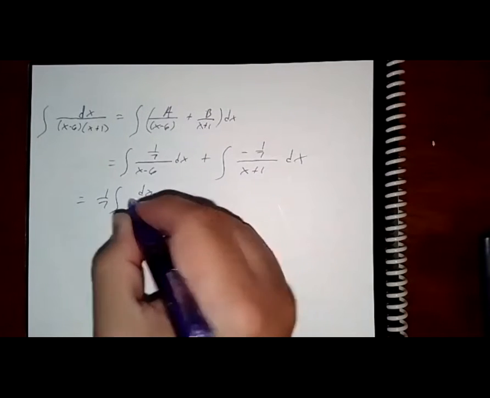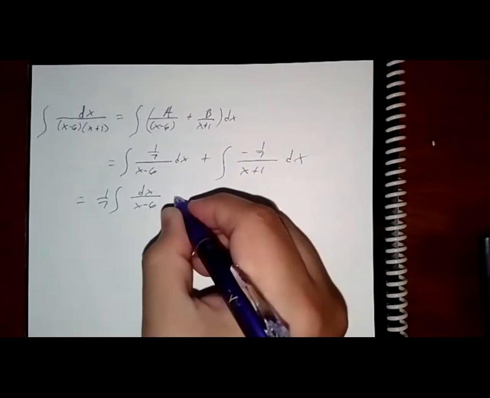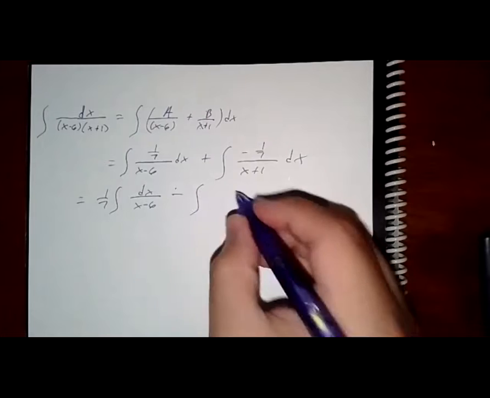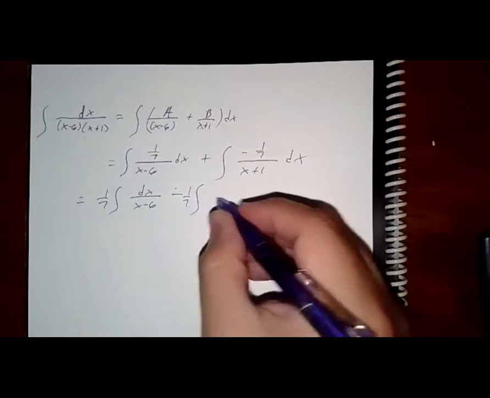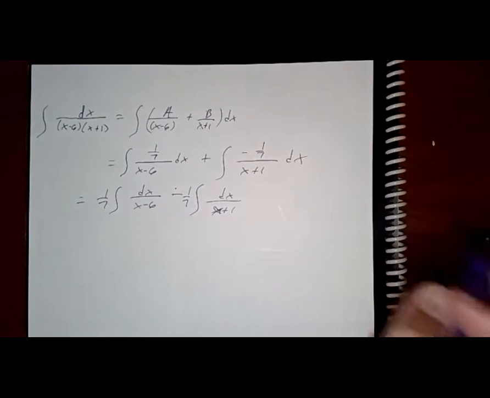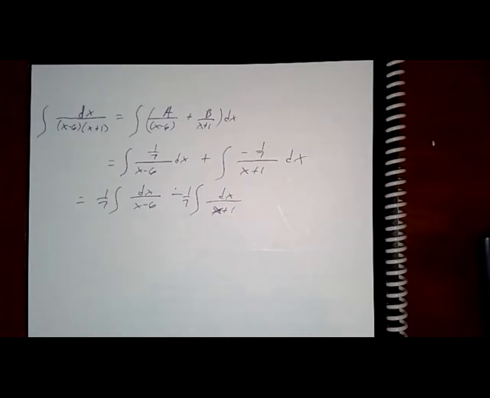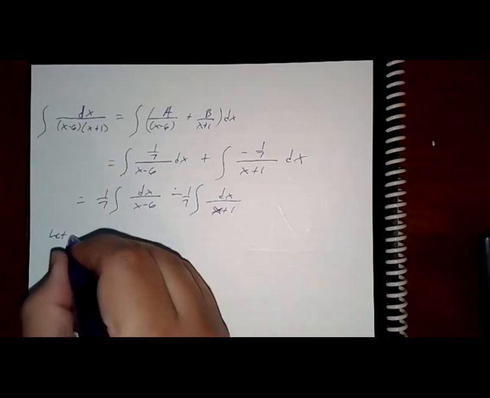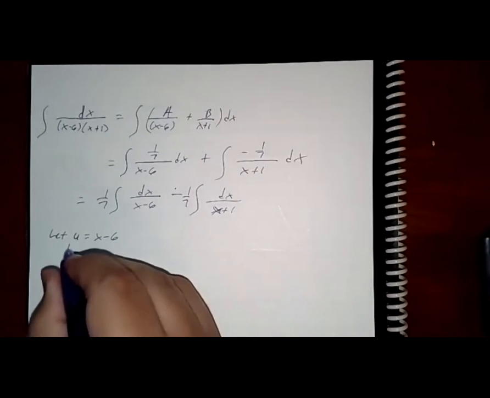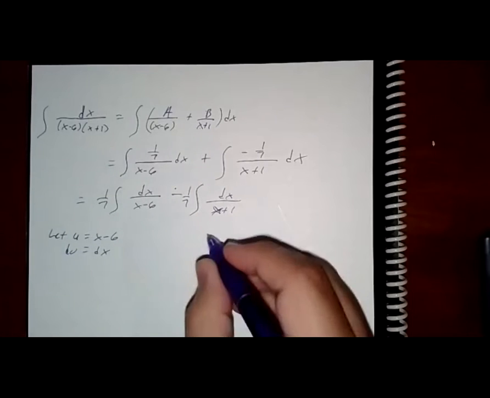That's just dx over x minus 6 minus 1/7 dx over x plus 1. So I could say let u equal x minus 6. du is dx.